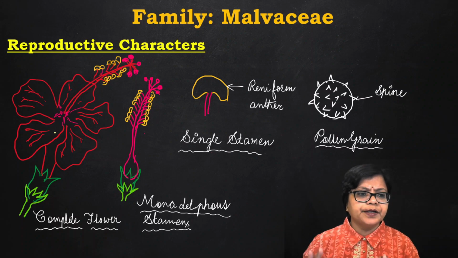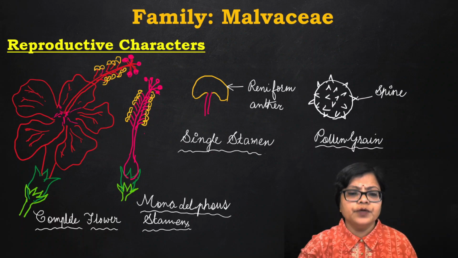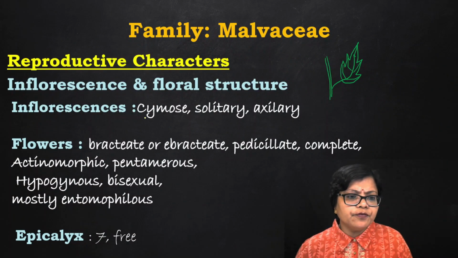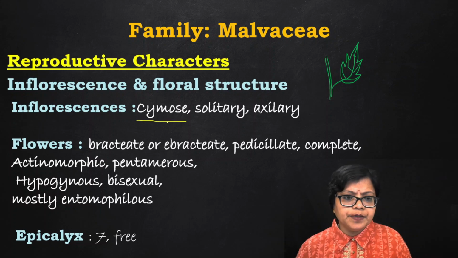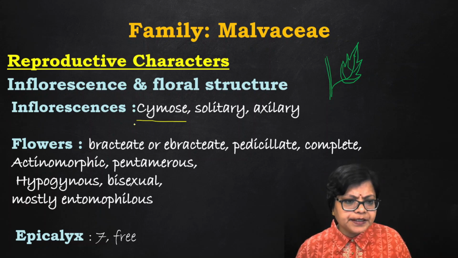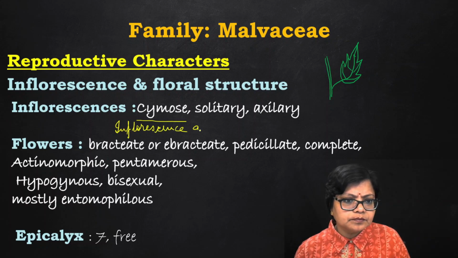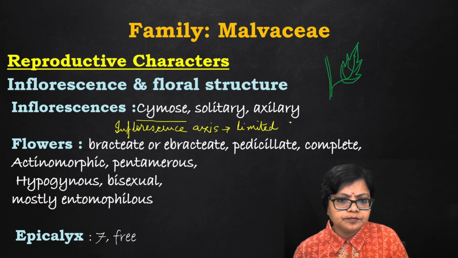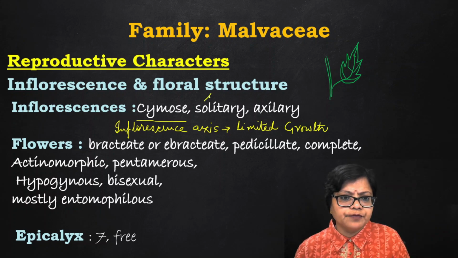This slide represents the different parts of the flower which I will be explaining. Inflorescence cymose type means the inflorescence axis is of limited growth. And solitary means flowers develop singly.